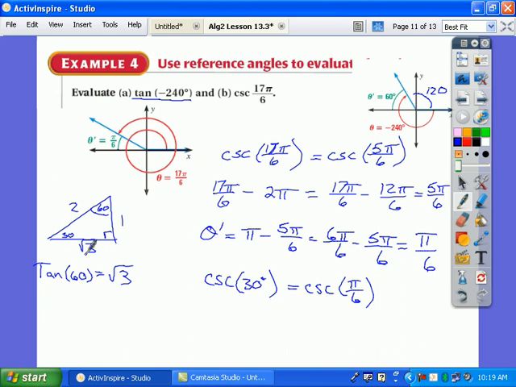So that's our reference angle. And cosecant is what side over what side? Sine is opposite over hypotenuse, so cosecant is hypotenuse over opposite. So what is cosecant of 30 degrees? It's 2.